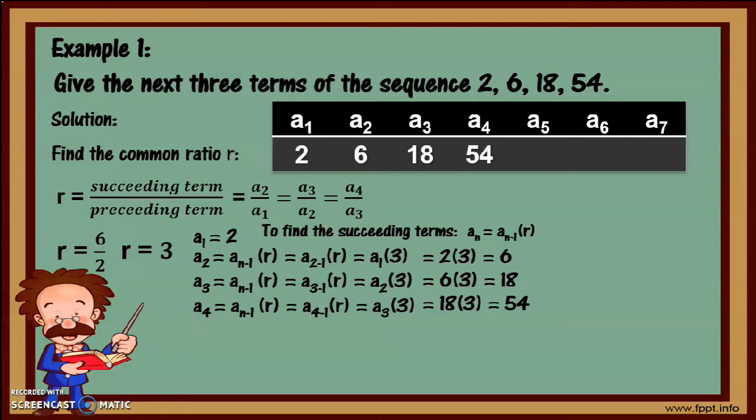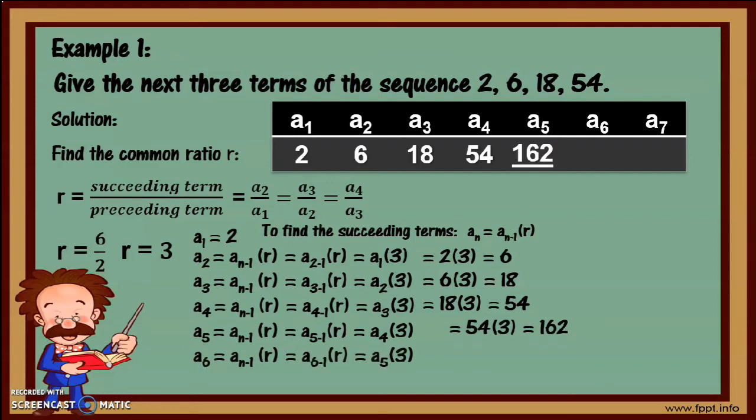And to find the next term, a sub 5 is equal to a sub 4 times r. Our fourth term is 54, so 54 times 3 is equal to 162. Next term, a sub 5 times 3 is equal to 486.